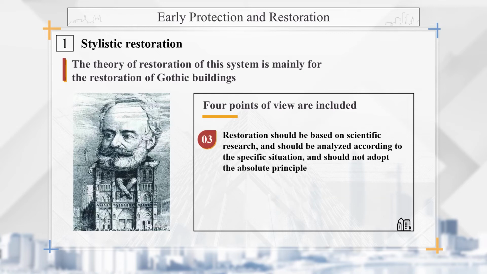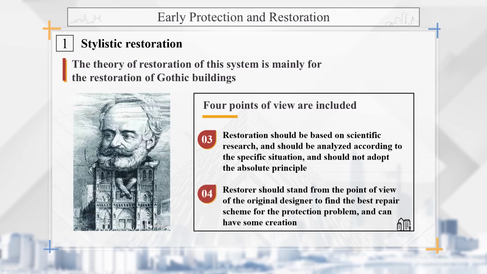Third, restoration should be based on scientific research and should be analyzed according to the specific situation and should not adopt the absolute principle. Fourth, the restorer should stand from the point of view of the original designer to find the best repair scheme for the protection problem and can have some creation.